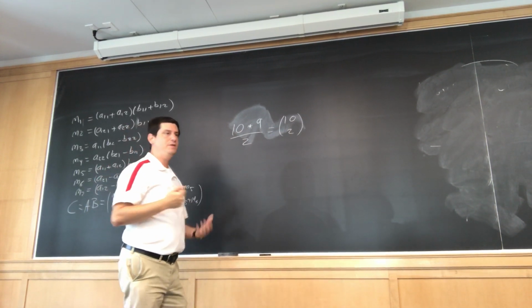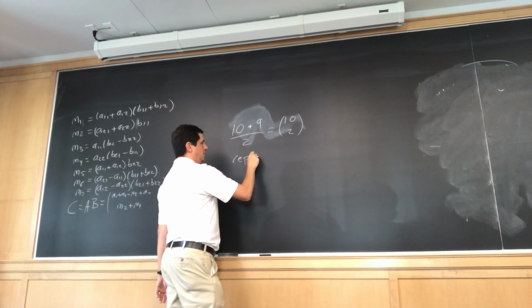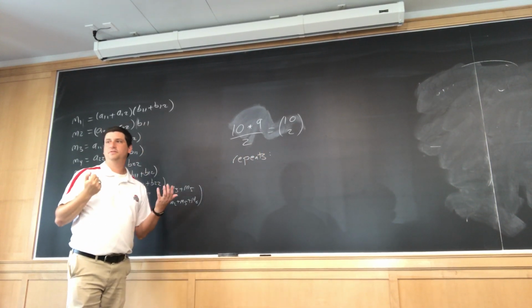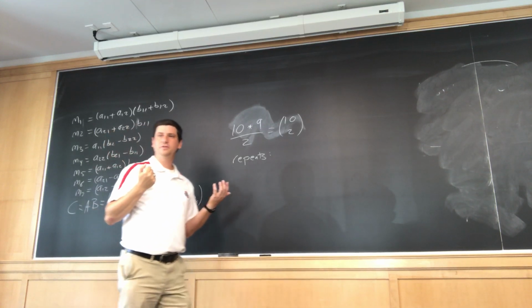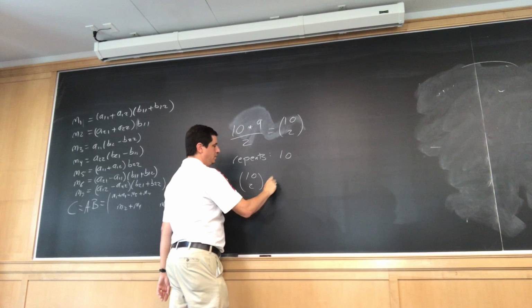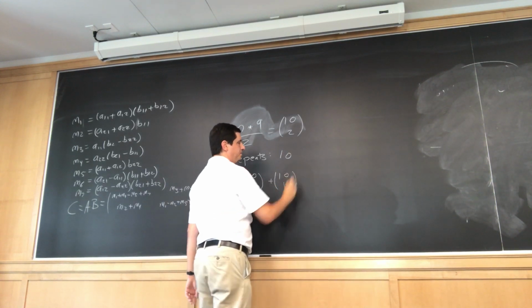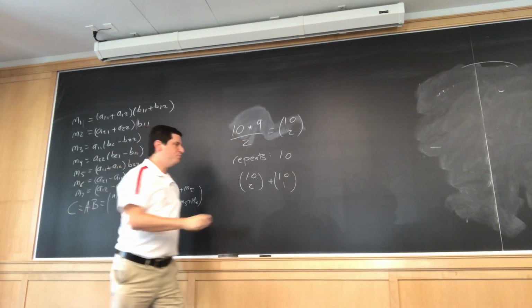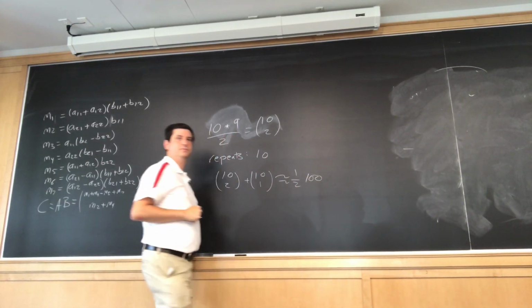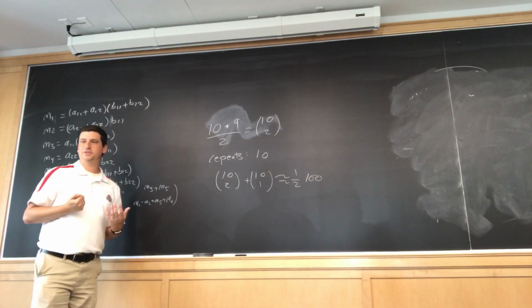Then we have to have the repeats. And how many repeats are there? These are the squares. So there would be 10 of them. So it would be 10 choose 2 plus 10 choose 1, which is approximately 1/2 of 100. So it's a 50% savings.